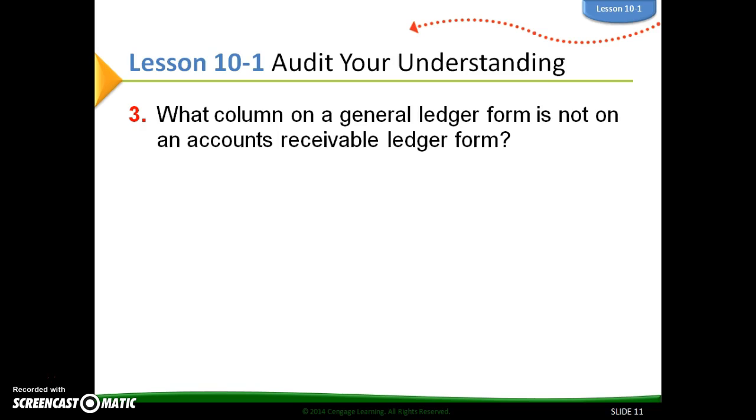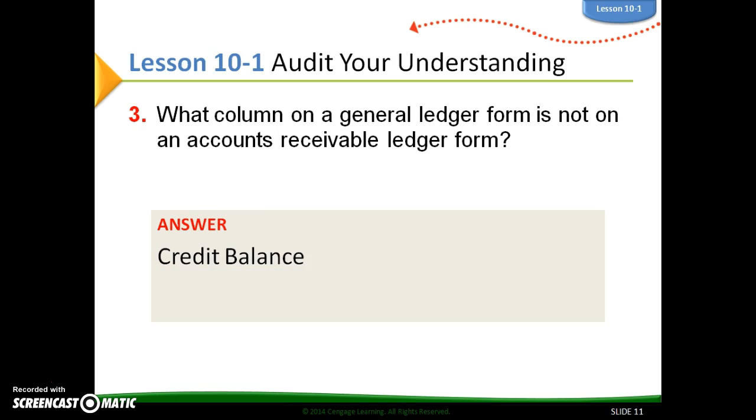What column on a general ledger form is not on the accounts receivable ledger form? And as we think through what's on the ledger form and what's on the accounts receivable, the general ledger account is the credit balance. That's not on the accounts receivable ledger.